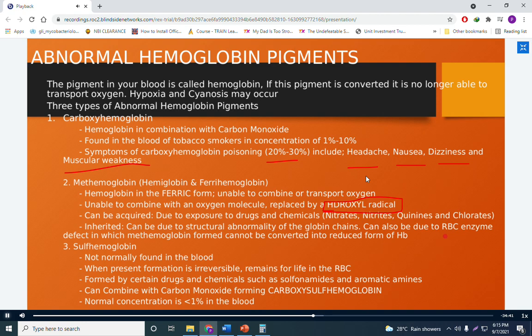Class, what is this enzyme based on your lesson 3, wherein it reduces your ferric to ferrous form of hemoglobin?